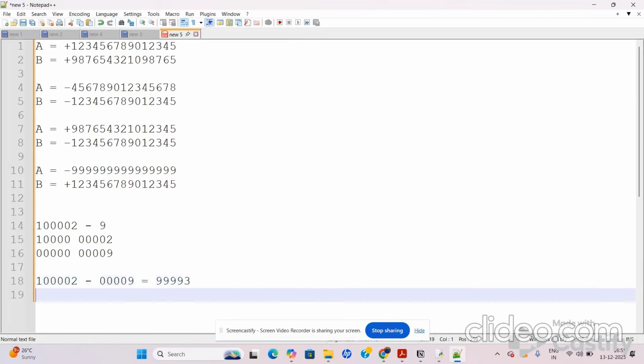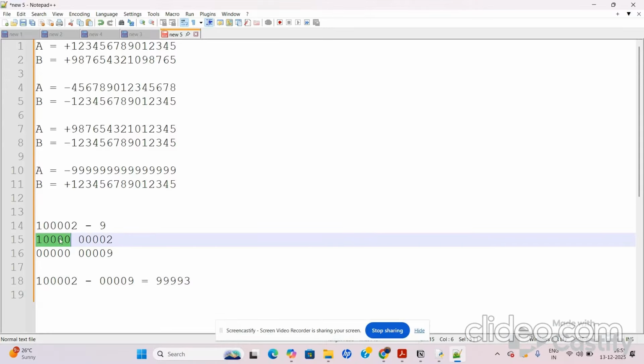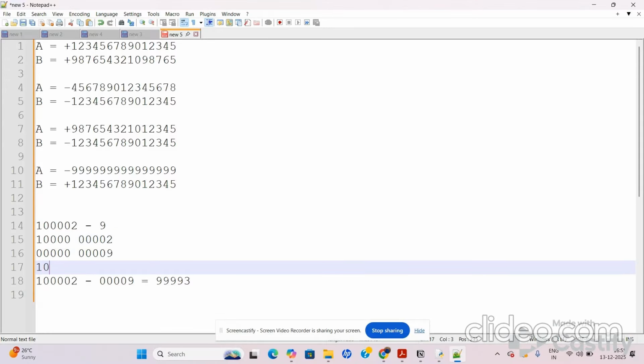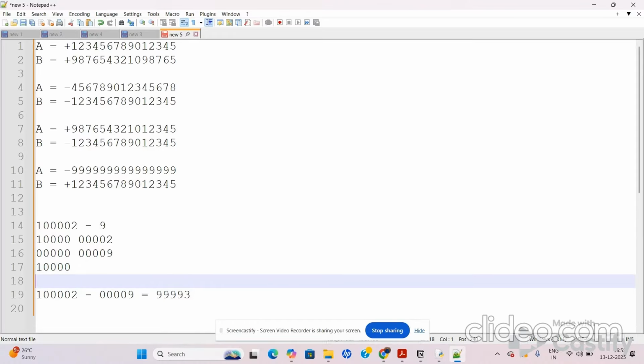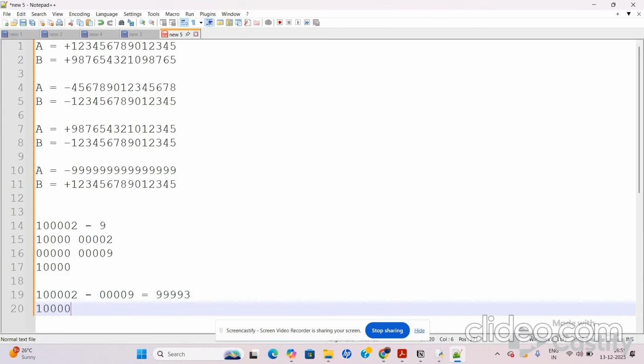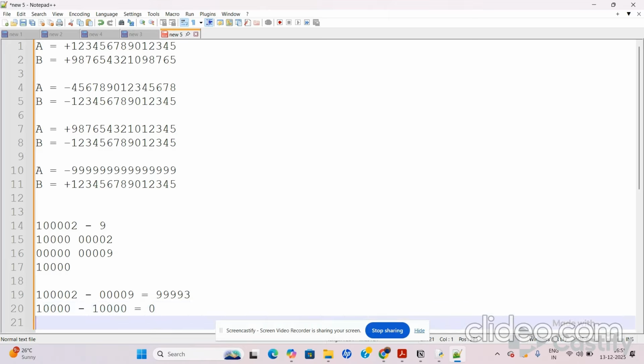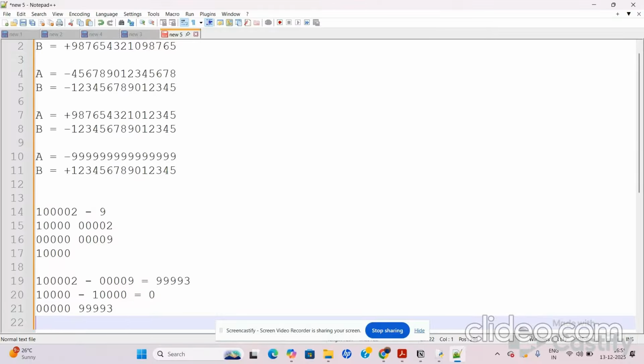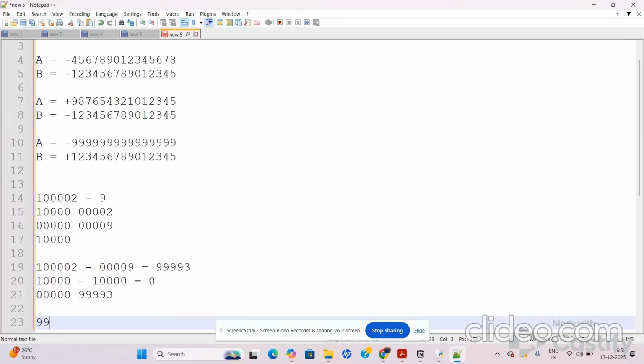Okay, so the next digit is this one. And you had a borrow which we had borrowed previously, so it becomes 1 0 0 0 minus 1 0 0 0 0, so it becomes 0. So this totally becomes 0 0 0 and 99993. So your final answer is 99993.